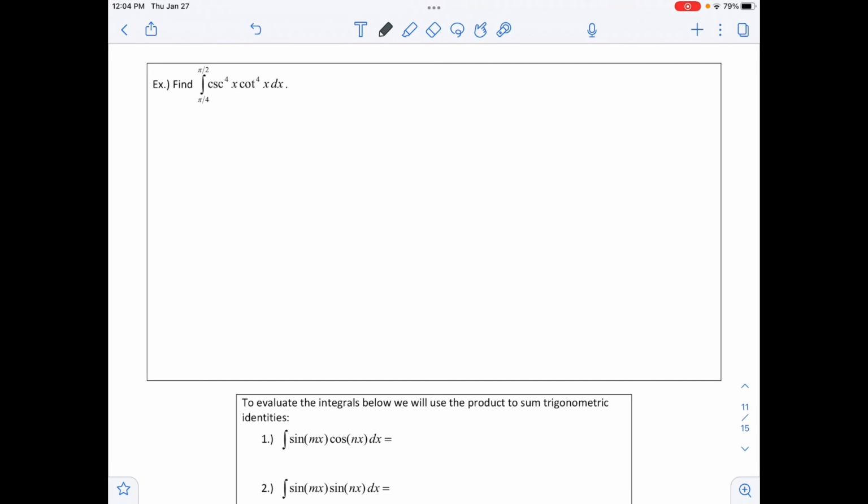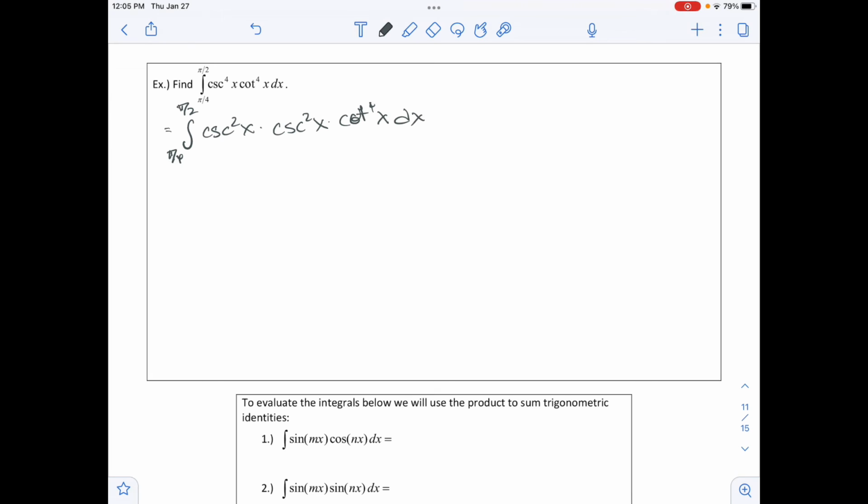These are both even powers, and I noticed that if I have cotangent of x as my u, the derivative of that would be cosecant squared x dx. So I'm going to go ahead and rewrite this as the integral from pi over 4 to pi over 2 of cosecant squared x times cosecant squared x times cotangent to the 4th x dx.